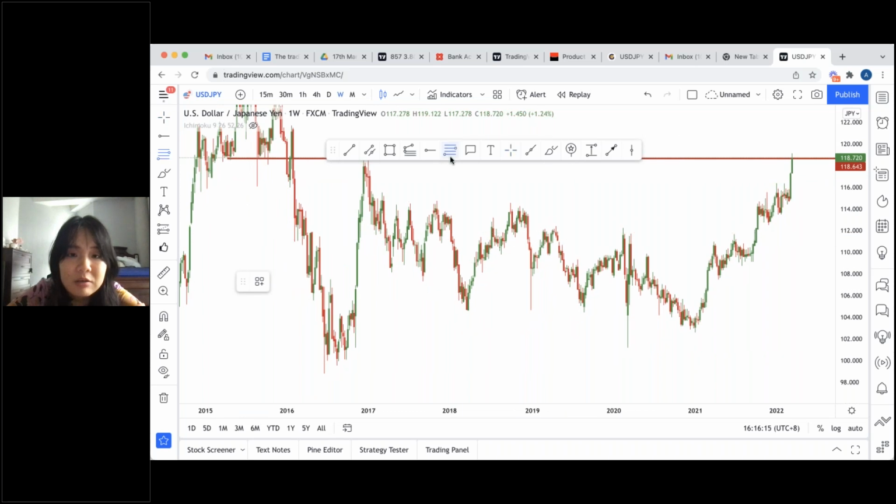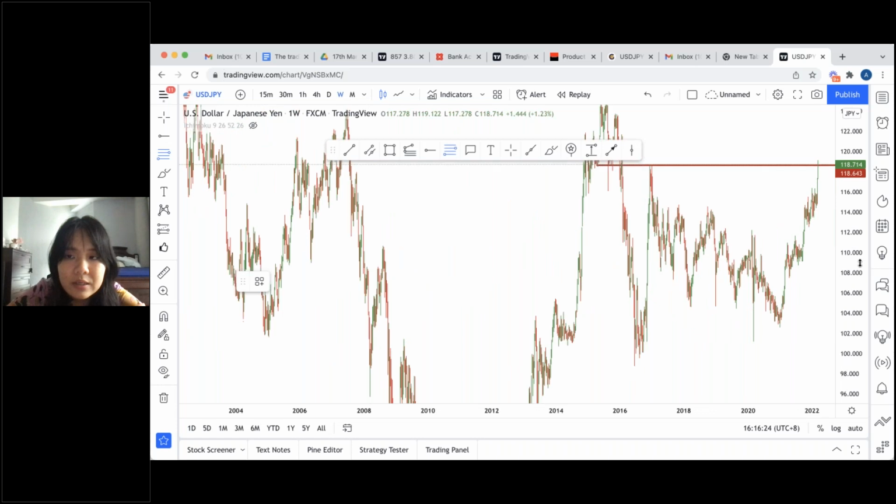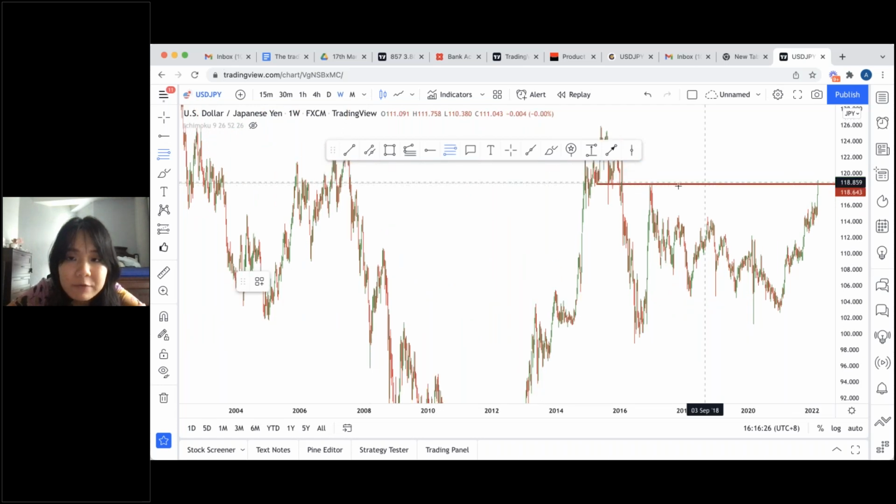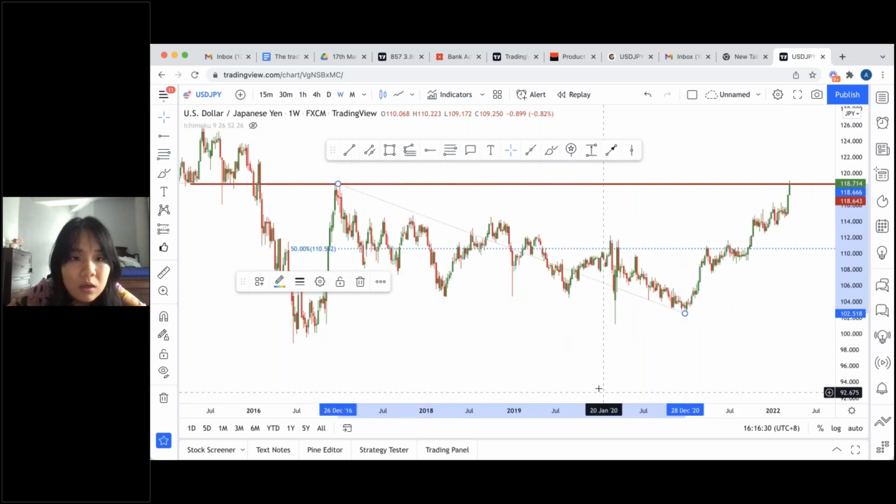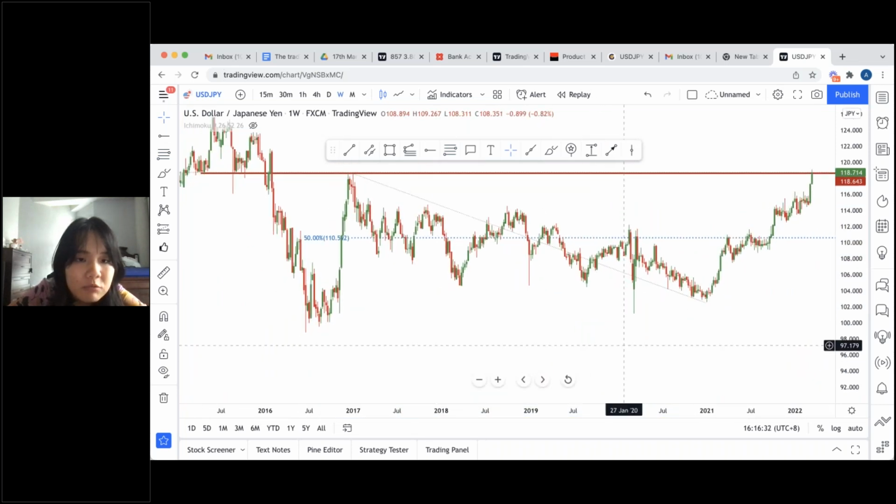If not right now, I'm on a larger time frame, I'm going to look at the levels of confluence too. Breaking this level might mean that it goes all the way higher, so there's still a probability that you might be wrong.